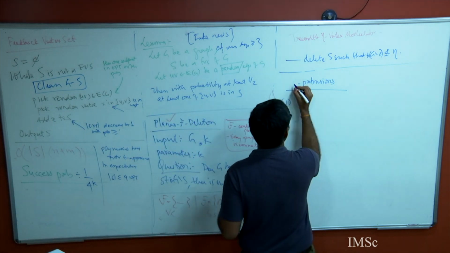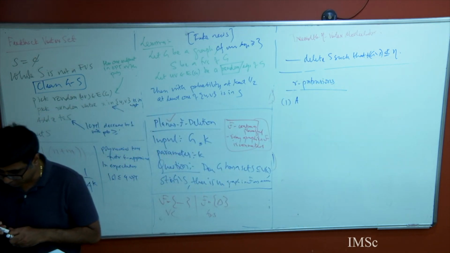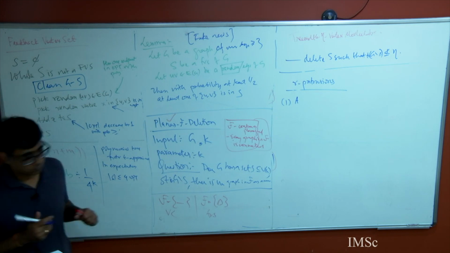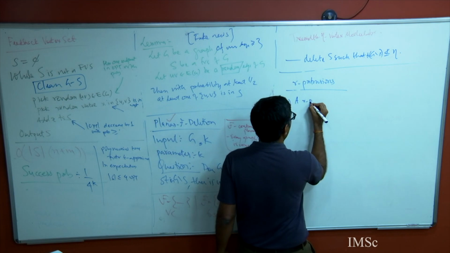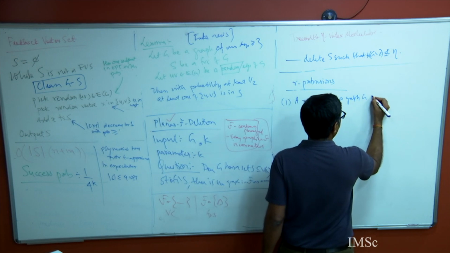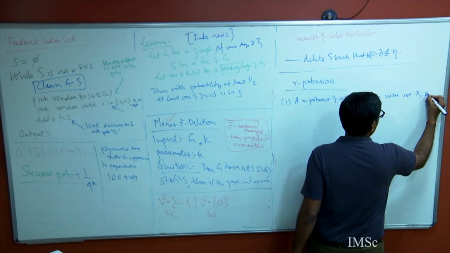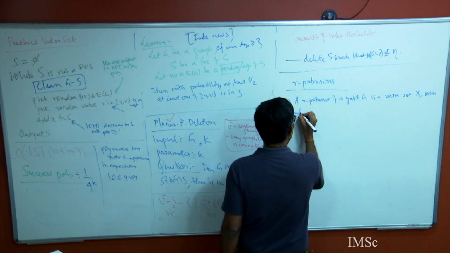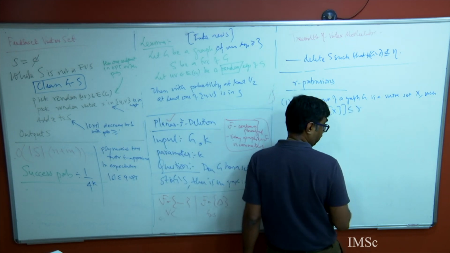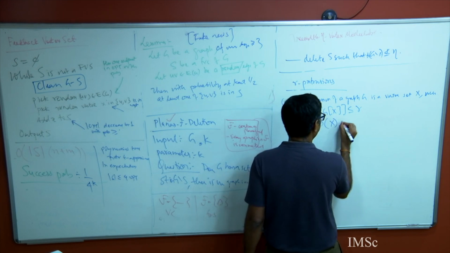Let's use R, because we use T for tree width. An R protrusion of a graph G is a vertex set X such that the tree width of the graph induced on X is at most R. That's the first property. And secondly, delta of X is at most R.